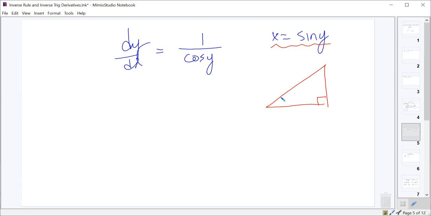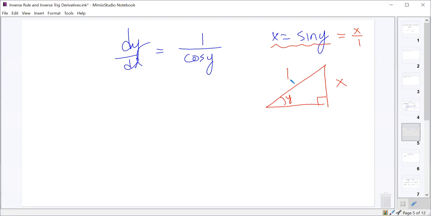Well, here's an angle, y. What's the sine of y? What does that mean in a right triangle? It means opposite over hypotenuse, right? Well, the sine of y equals x. x is just x over 1, right? So that should be opposite over hypotenuse. True?